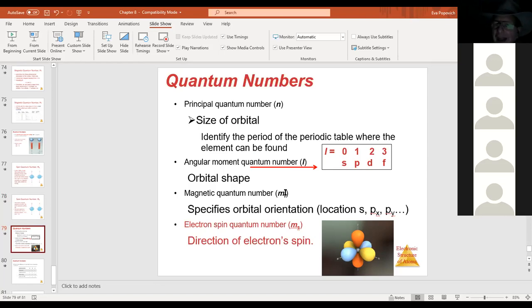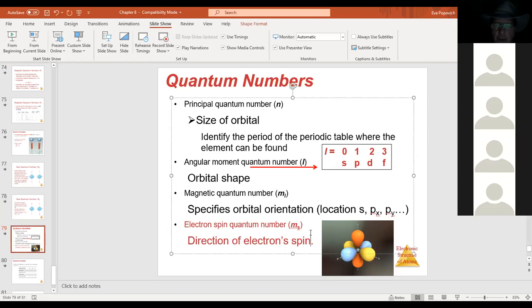The permissible values for M sub L are minus L through 0 up to plus L. So if L is 2, the permissible values for M sub L are minus 2, minus 1, 0, plus 1, plus 2.